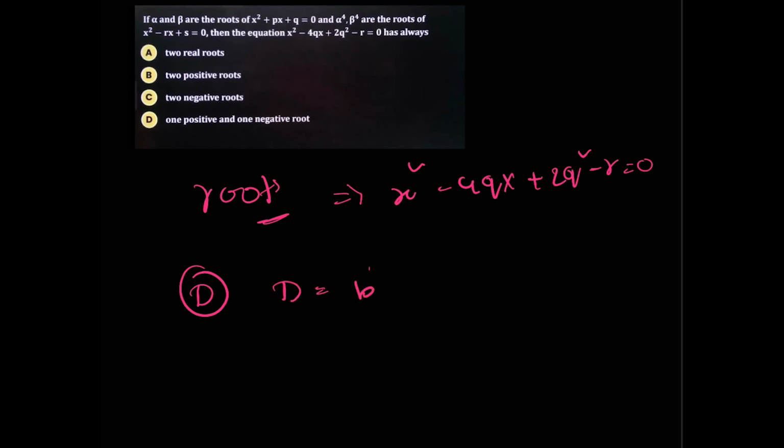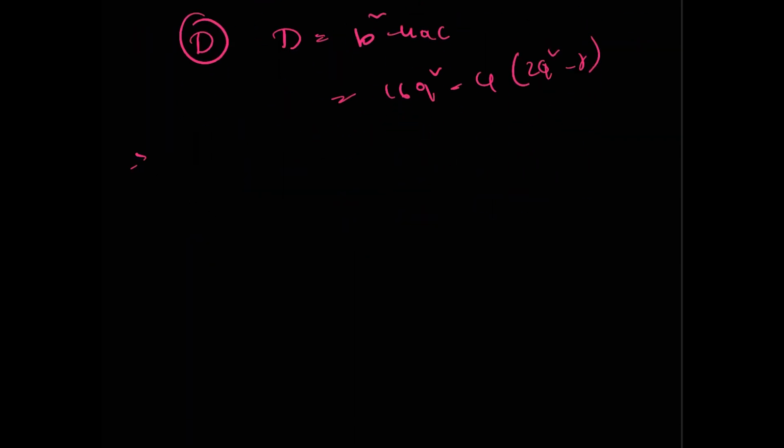D equals to b square minus 4ac. That equals to 16q square minus 4 times of 2q square minus r. That implies D equals to 8q square plus 4r.